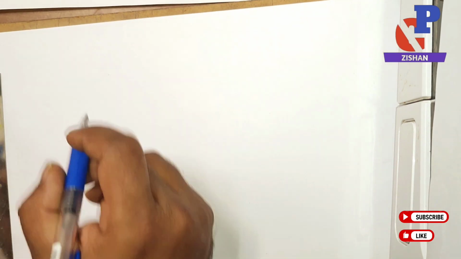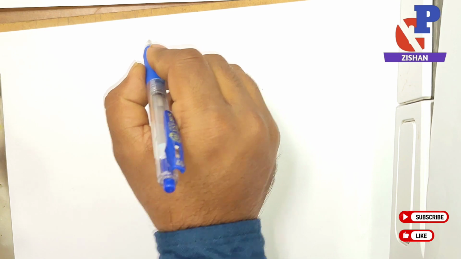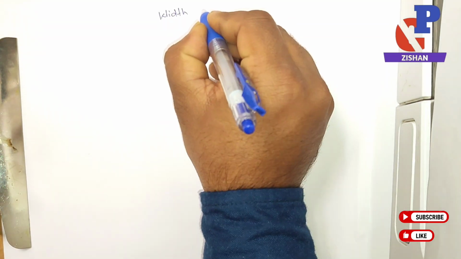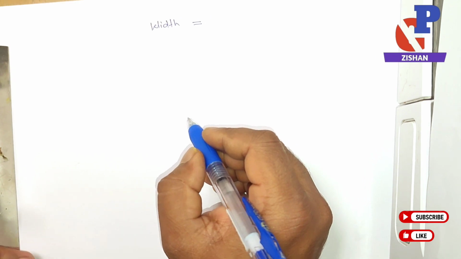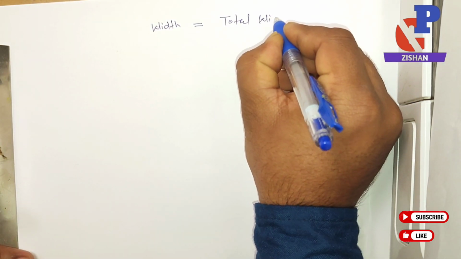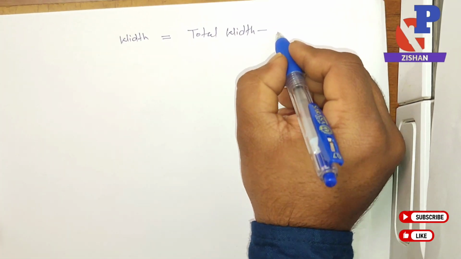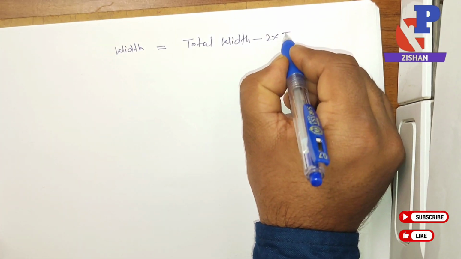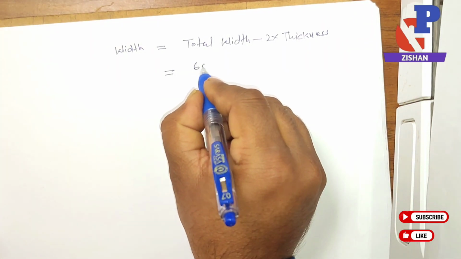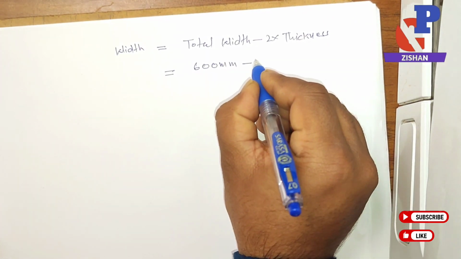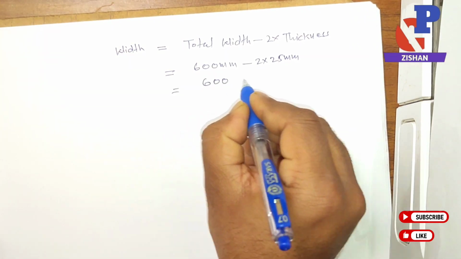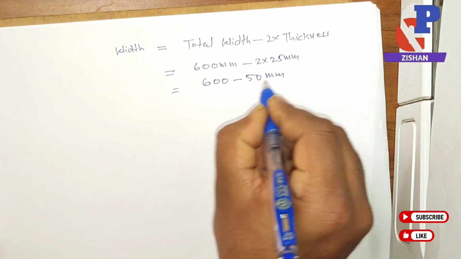Now for the width we also have to subtract the thickness on both sides. The flow width is equal to total width minus 2 into thickness for the insulation inside the duct. That means 600 mm minus 2 into 25 mm, equal to 600 minus 50 mm.